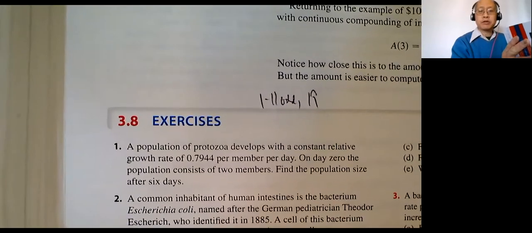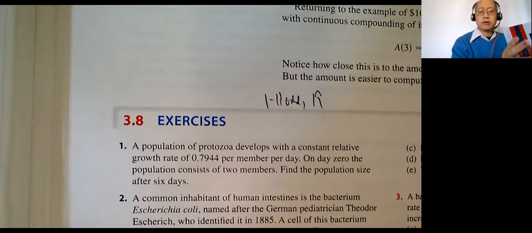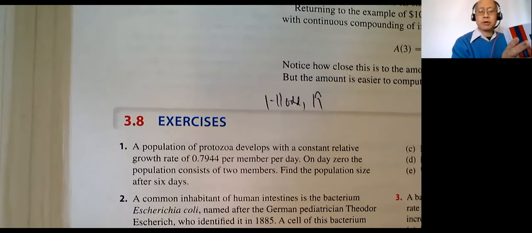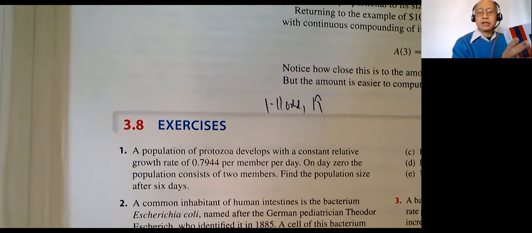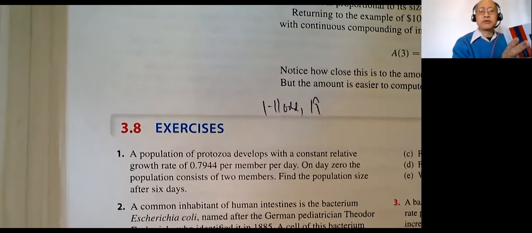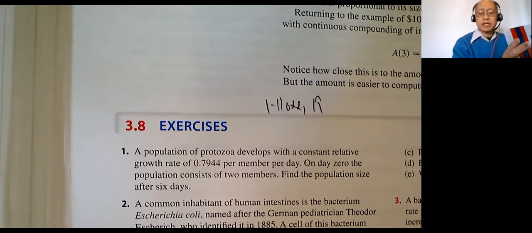A population of protozoa develops, number one, with a constant relative growth rate of 0.7944 per member per day. So that's the k, that's the constant. On day 0, the population consists of 2 members. That's the initial amount. Find the population after 6 days.